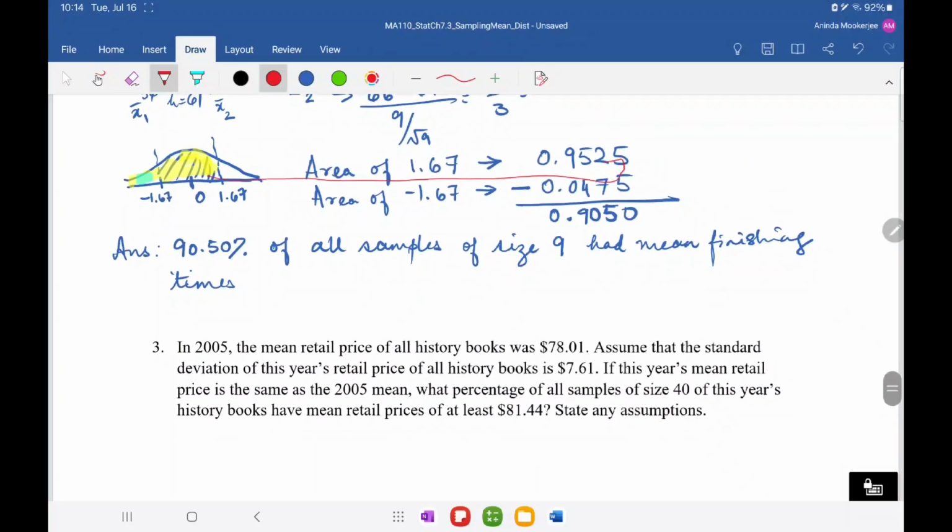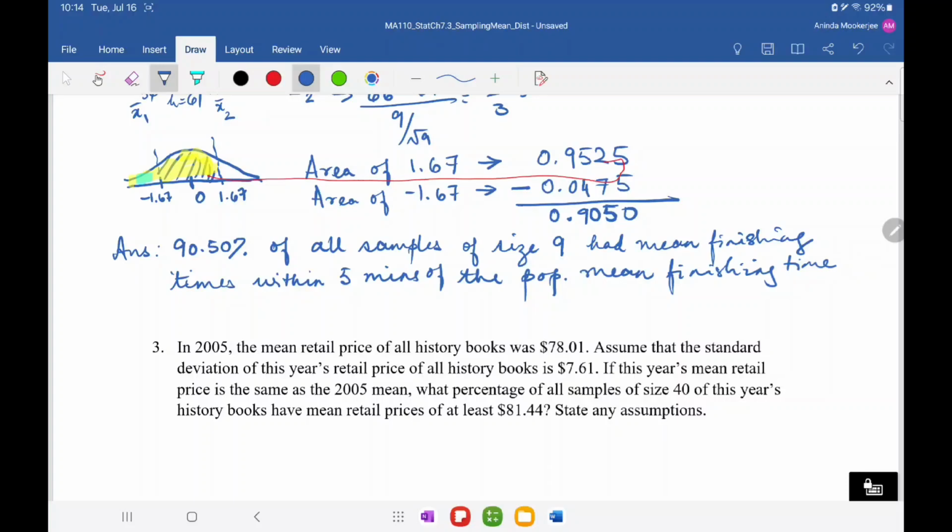So mean finishing times within 5 minutes of the population mean finishing time of 61 minutes. So that's how you're going to go about answering this question.